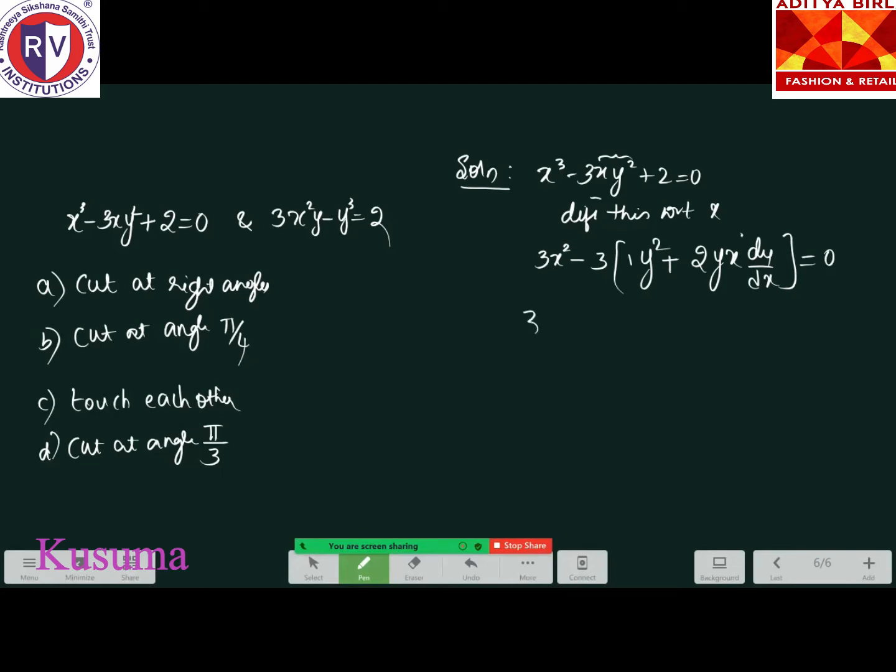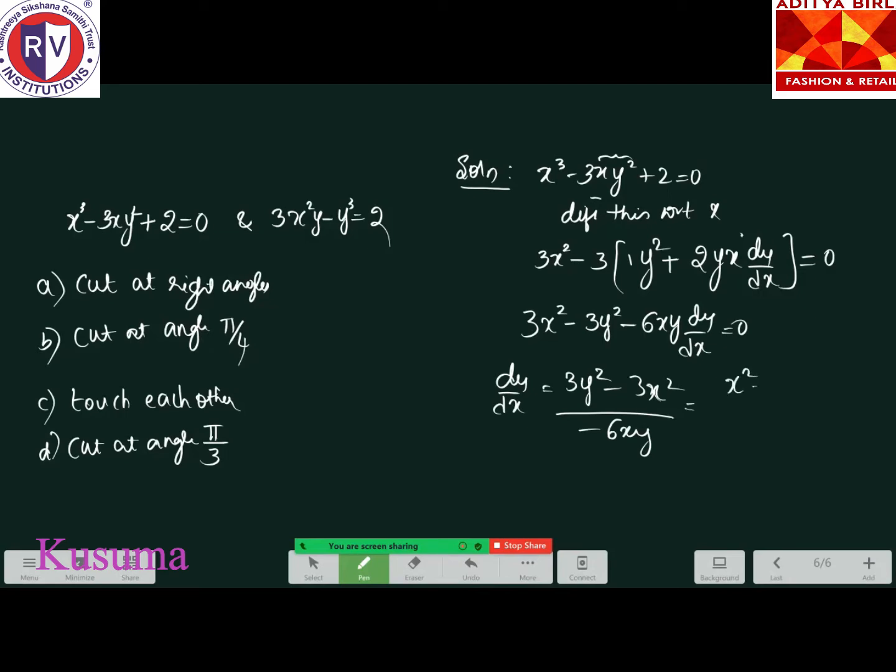Now this will be 3x square minus 3y square minus 6xy into dy by dx, which is equal to 0, or dy by dx will be equal to 3y square minus 3x square divided by minus 6xy, or this is x square minus y square divided by 2xy.